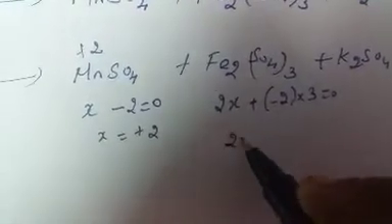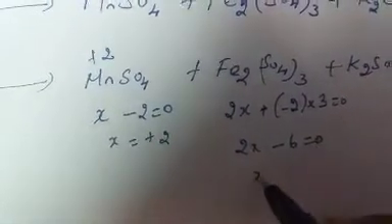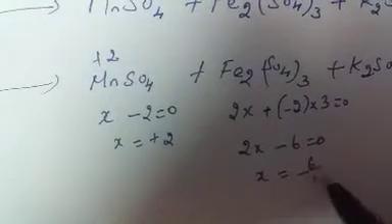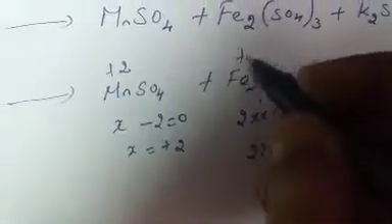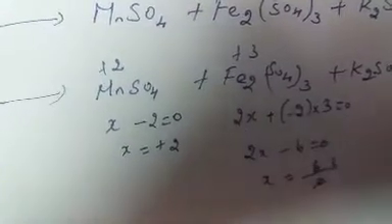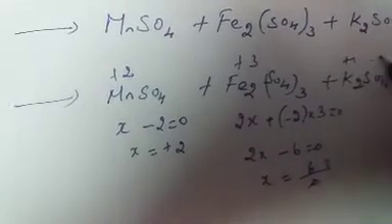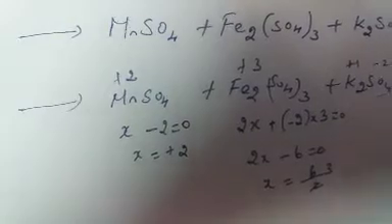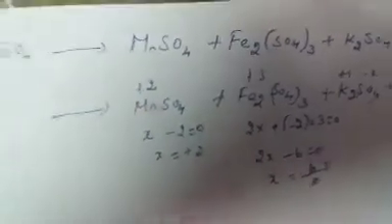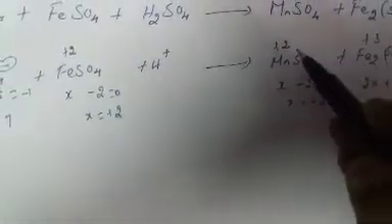Therefore 2x minus 6 equals 0, so x equals 6 by 2, that is plus 3. The oxidation number for iron is plus 3. For potassium it is plus 1, and for oxygen minus 2, so there is no need to find them. Mn has plus 7 here and plus 2 there.